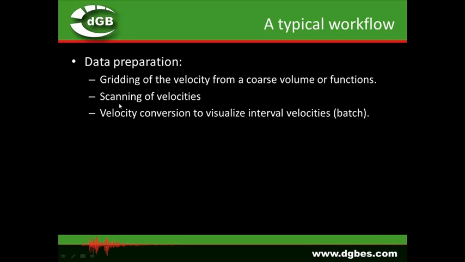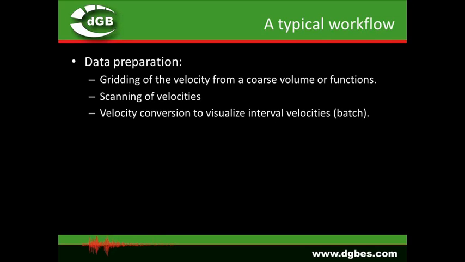You also need to be able to scan the velocity volume in order to automatically extract the time range and depth range that correspond to your stored velocity amplitudes. Also, we give you a conversion tool that allows you to convert between the different velocity types you can have. So, for instance, if you have an RMS velocity volume, you can convert it back and forth into an interval velocity volume.